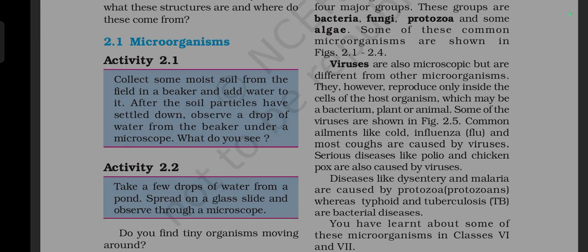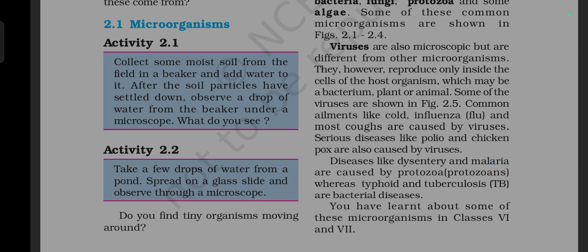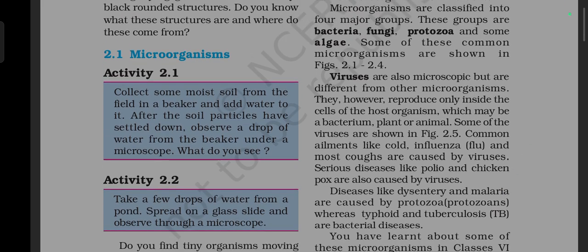Like cold, influenza, or flu, and coughs. These are the diseases which are caused by viruses. Serious diseases like polio and chickenpox are also caused by viruses. The common diseases are cold, influenza, that is flu, and coughs. These are caused by viruses, and serious major diseases like polio and chickenpox are also caused by viruses.